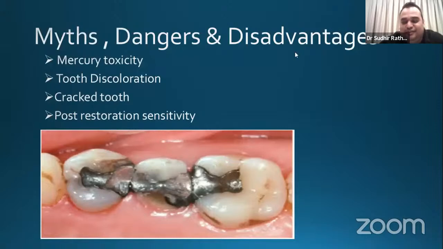Yes, Dr. Moodley? Dr. Rathiram, we need to tell the public that instead of filling their teeth, they should think about preserving their teeth. They should think about preventing oral health problems, preventing caries, preventing gum disease.